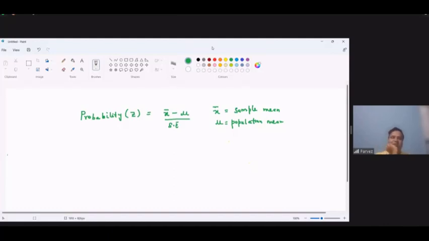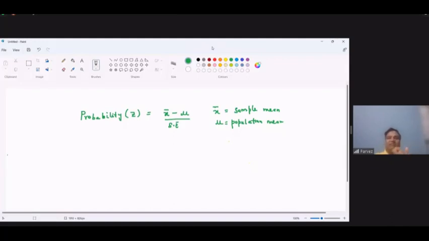Is it clear what I said? In the whole word problem, if they're asking to find probability, wherever the word average or mean is there, that will be your mu, population mean.